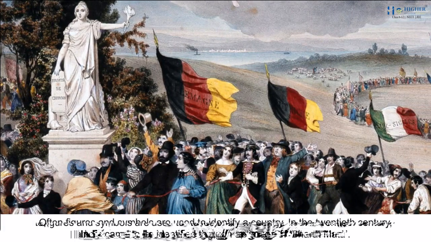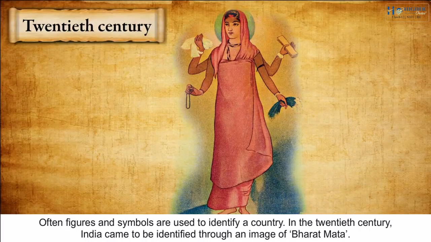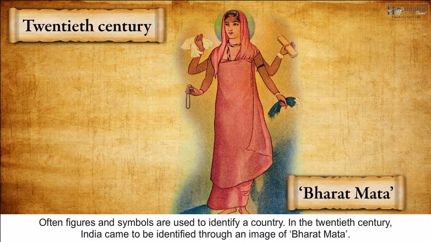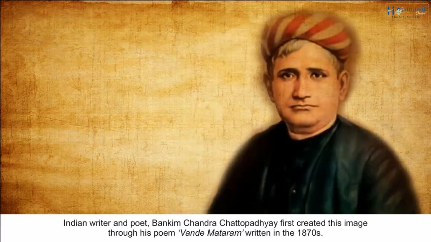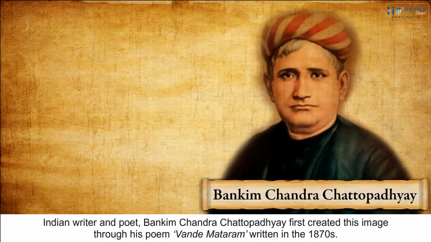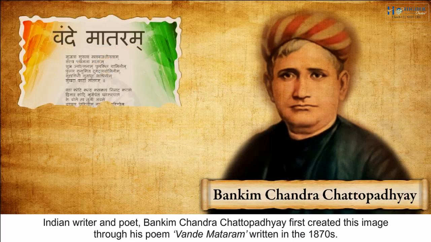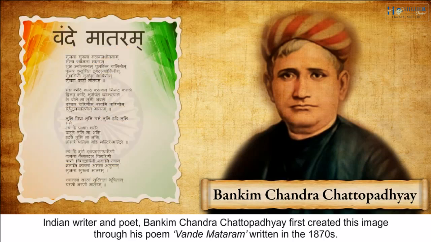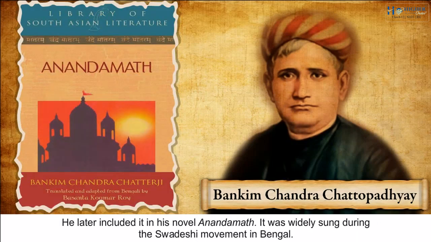In the 20th century, India came to be identified through an image of Bharat Mata. Indian writer and poet Bankim Chandra Chattopadhyay first created this image through his poem Vande Mataram, written in the 1870s. He later included it in his novel Anandamath.